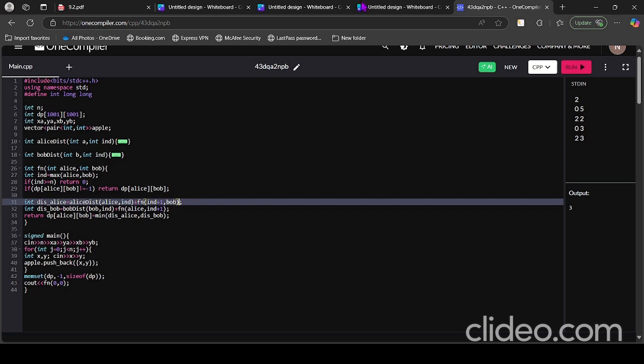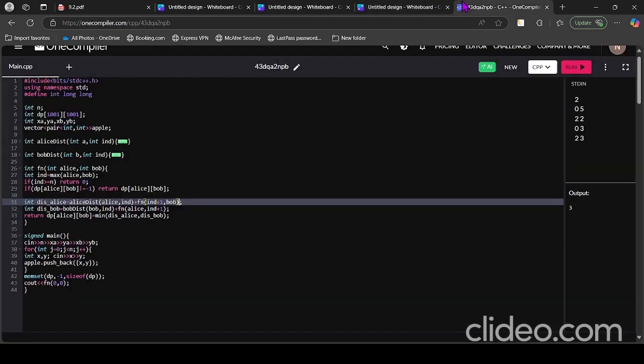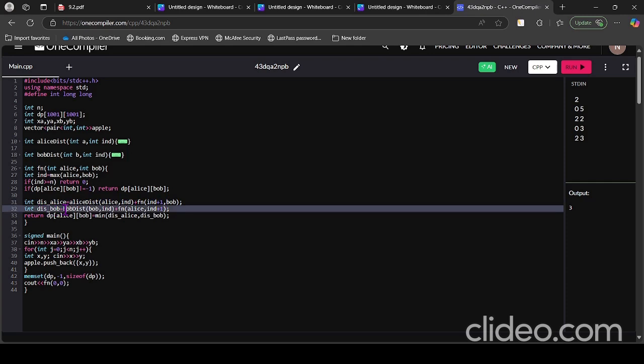So based on our one-based indexing, the A regarding him will be index plus 1. Similarly, if Bob is going to take it, the total answer is the distance traveled by him to collect the apple and function of Alice and index plus 1. So finally, we are returning the answer as the minimum of both distances.